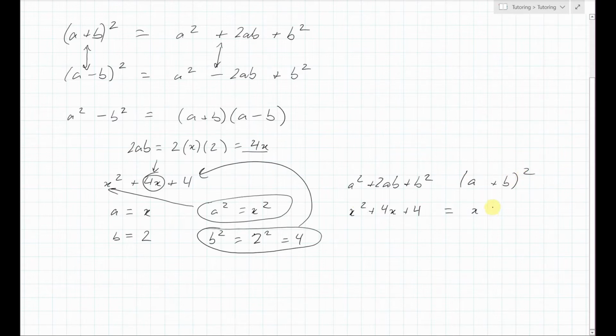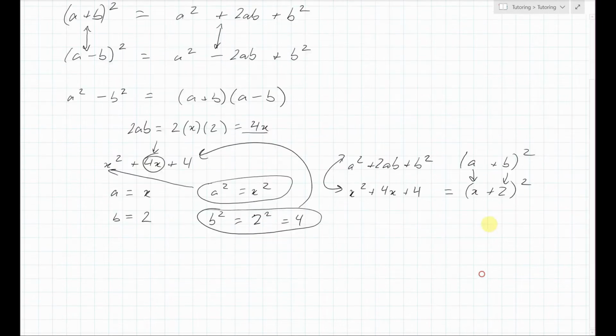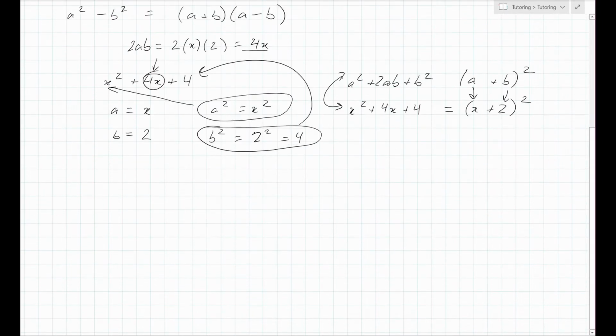So this one would be (x plus 2) squared, because our a is x and our b is 2. And we found that these two forms were equivalent to each other. This is the shortcut.